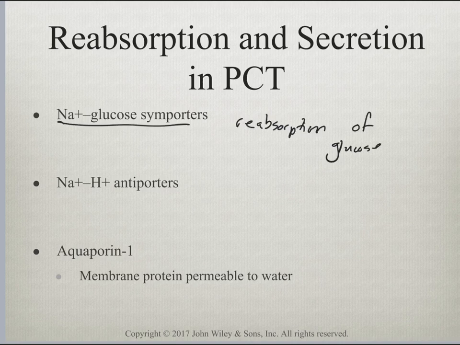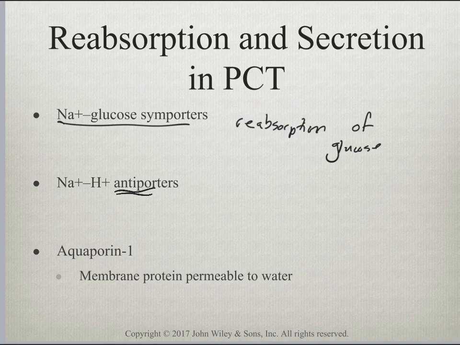The second membrane protein that we're going to look at is the sodium hydrogen antiporter. The job of this is going to be to transport sodium into the cell and hydrogen out of the cell. This is where that antiport word is coming from. Now, we specifically find this in the proximal convoluted tubule. We're also going to find some in the collecting ducts of the nephron. Right?